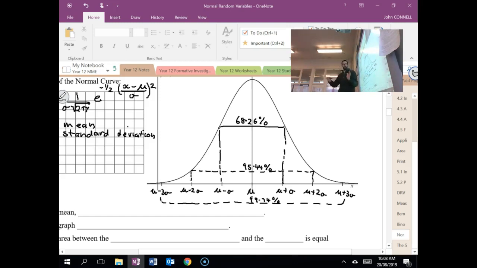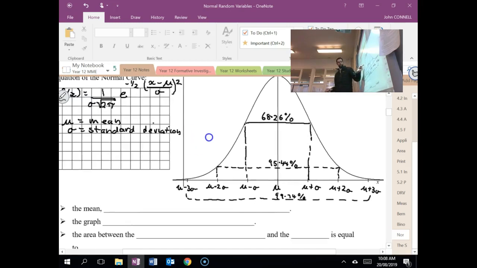Which makes sense. The bigger range I take, the more probable that you'll fall in that range. That's what we talk about when we talk about two ways to interpret it.